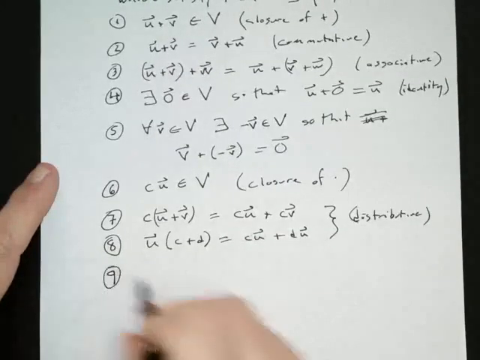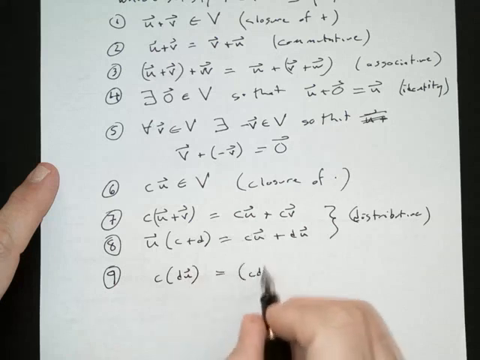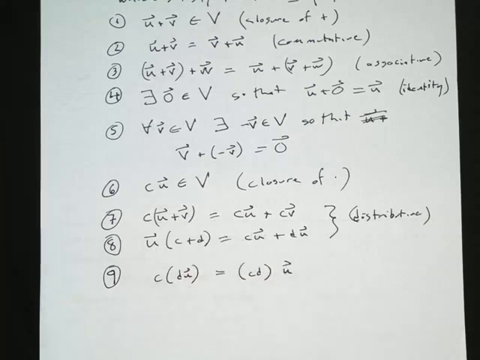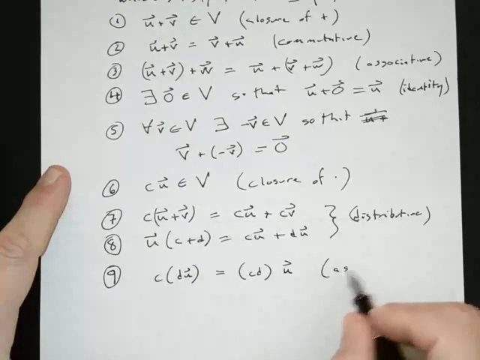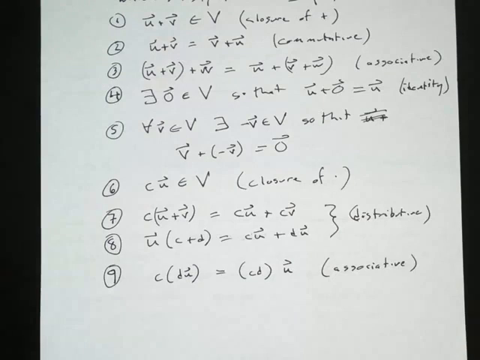I also want to be able to associate multiplying, so it doesn't matter whether we multiply the 2 scalars first or multiply the scalar by one of the numbers first. And then the last property is the identity property for multiplying.